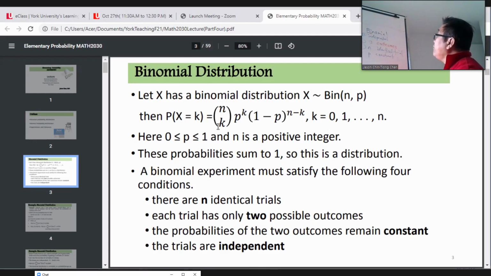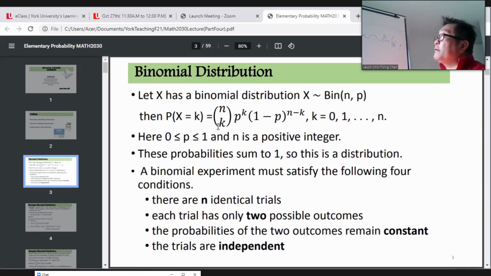So how do we write the model for binomial? The first day I talked about models. For the binomial model, we write in this form: X is approximately binomial, and then this is n, this is p. So we need two values, n and p. For example, I flip the coin 50 times, so your n is 50.